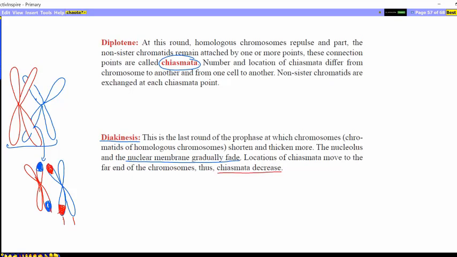So chiasmata decrease: at 4 or 5 points they are connected to one another, but as time passes, 5 and then 4, then 3, 2 and 1, and at the end the homologous chromosomes totally separate from one another.